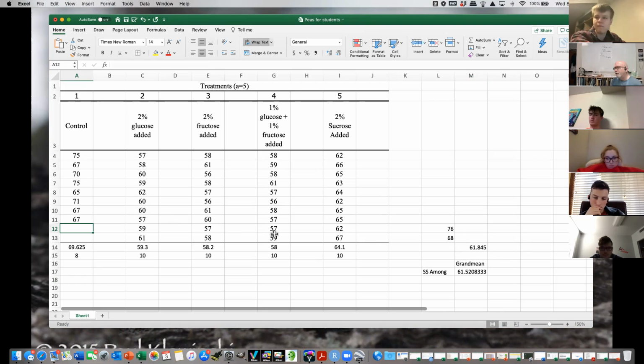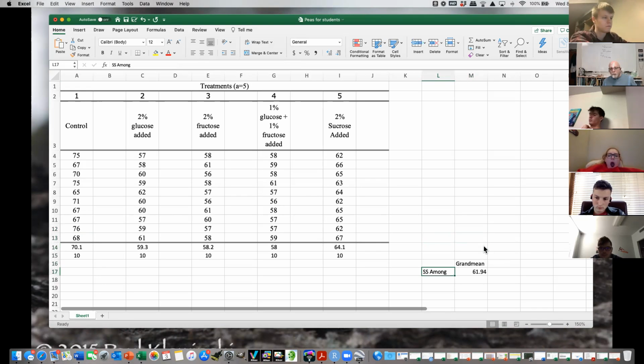You need to actually average all of the data that is in the analysis in order to get the right grand mean. If you simply average the means, chances are it's going to give you the wrong answer. So we're going to get rid of that one that averages the means, because that is the wrong way of going about doing this.